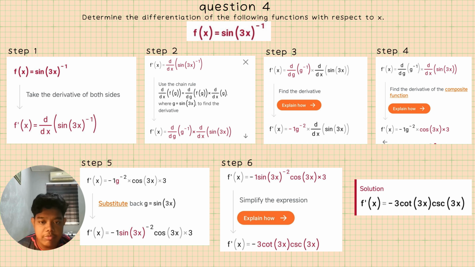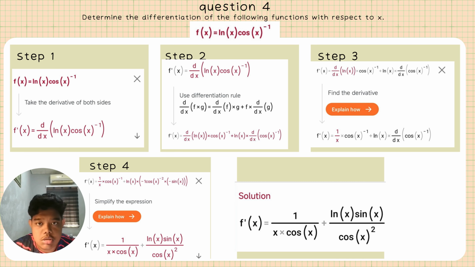You will get f prime x equal to negative 3 cotangent of 3x and cosecant of 3x. That's all.